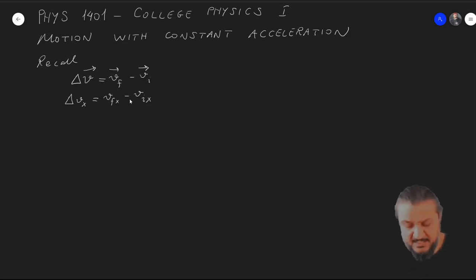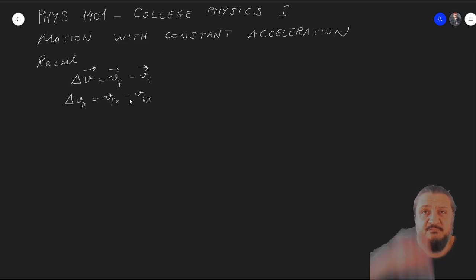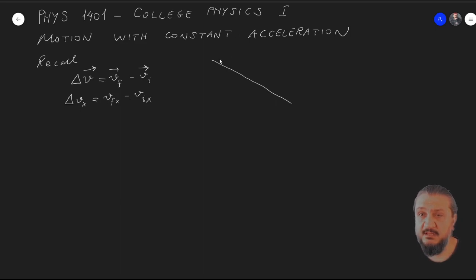Okay, so we're going to consider curved motion later. Even if the motion is not vertical or horizontal, let's say something sliding along an inclined plane. Okay, there's a hill, and then there's snow here, and then there's a sled.